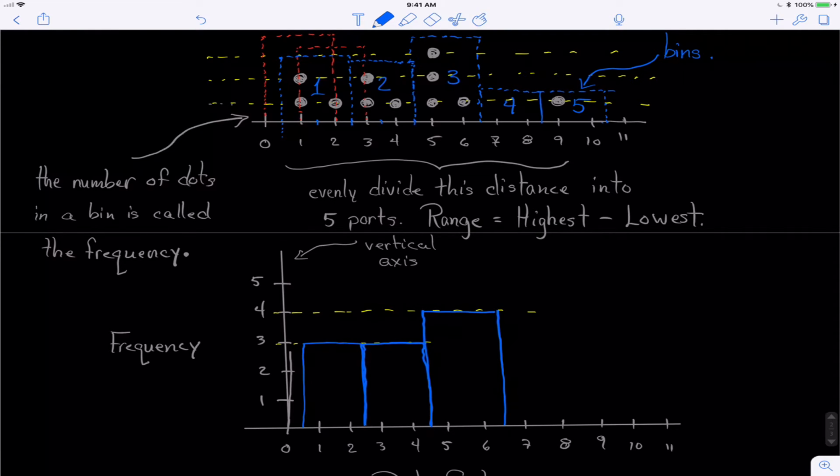Now our next bin from 6.5 to 8.5, there's none. And sometimes what people will do just for clarity is they'll put a little line across that segment, just to represent that they recognize that there's nothing in there. And then our last one, there's 1 dot in the bin from 8.5 to 10.5.